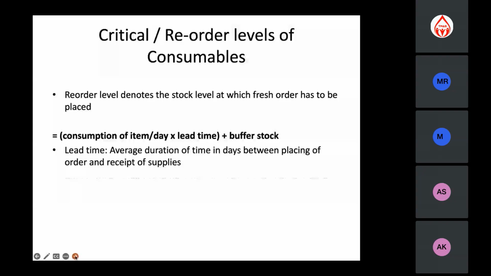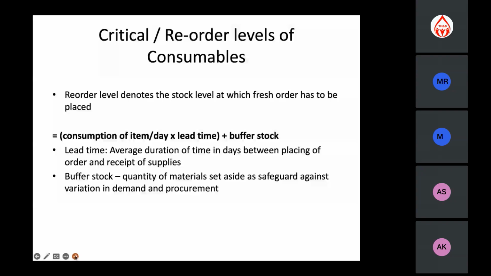Buffer stock is the quantity of material set aside as a safeguard against variation in demand as well as procurement. Using these variables, our daily consumption is 2 vials, the lead time is 7 days for delivery, and our buffer stock is for 14 days, that is 14 times 2, so it is 42 vials. Our present inventory is 30 vials, so it is better to place an order for our next set of consumables.